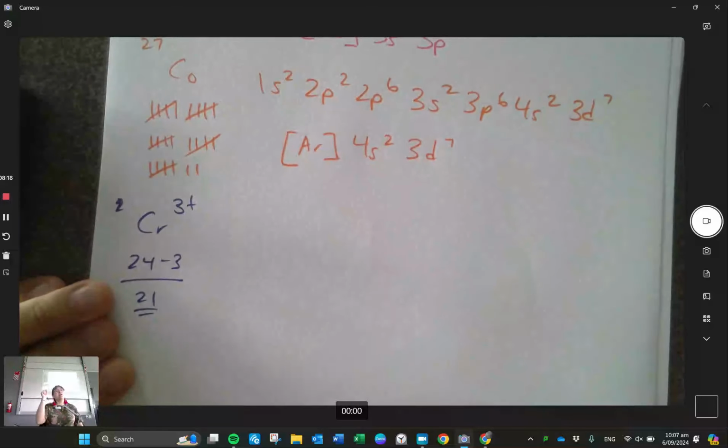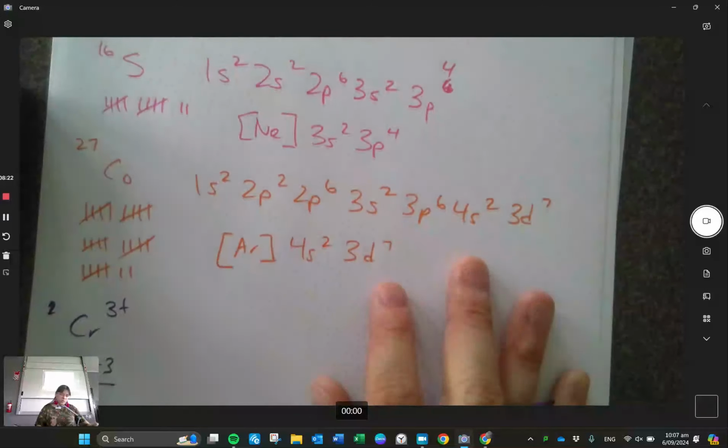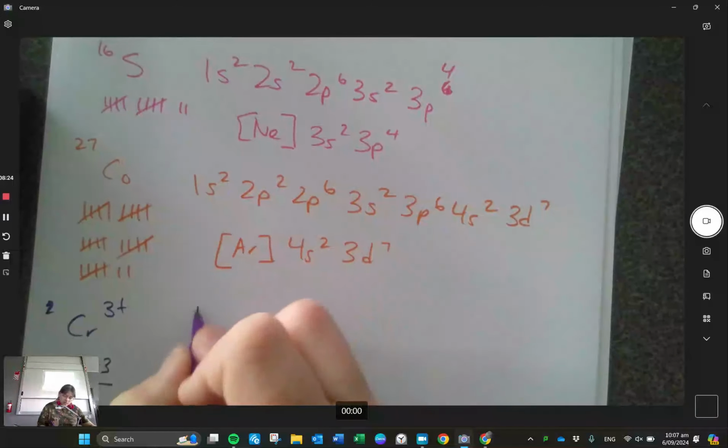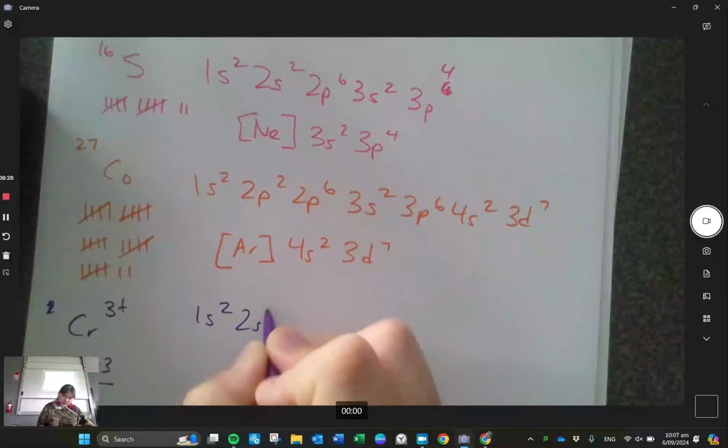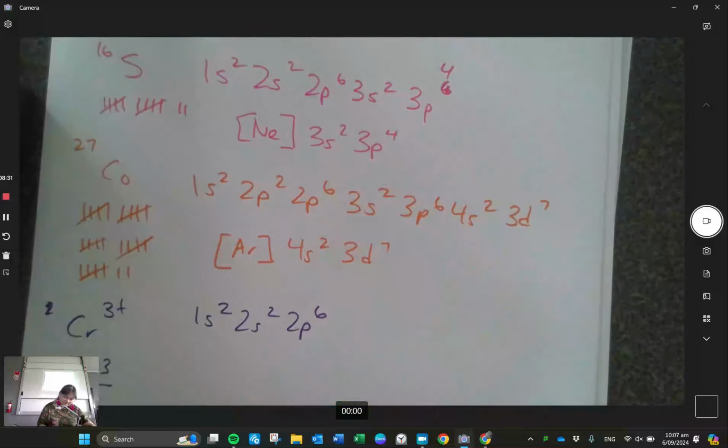Now, if we filled this the way that we're used to with this slashy kind of thing, we would have done 1s2, 2s2, 2p6, that gets me to 10.